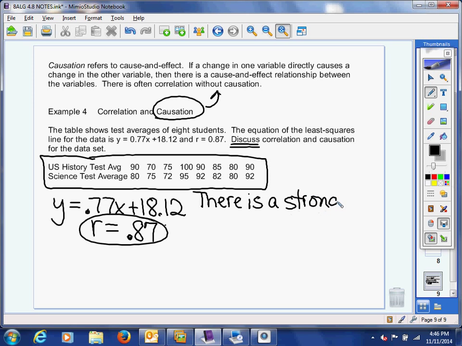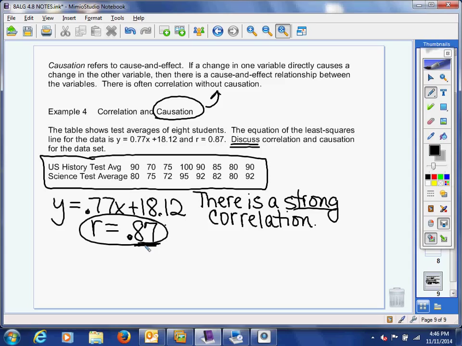The closer that correlation coefficient is to 1, the stronger the correlation is. I can say that it is strong because the number 0.87 is so close to 1, okay? So there's a strong correlation.